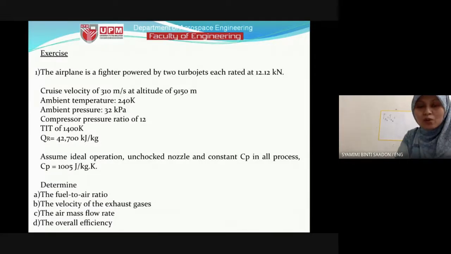we will use the definition of total values, total pressure and total temperature in this case. The definition of total temperature is static temperature plus the dynamic temperature.